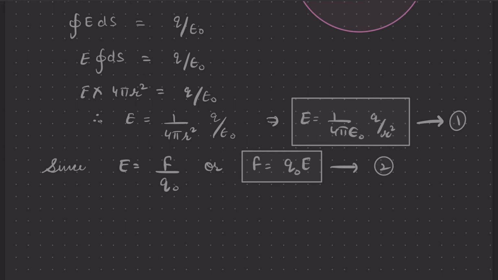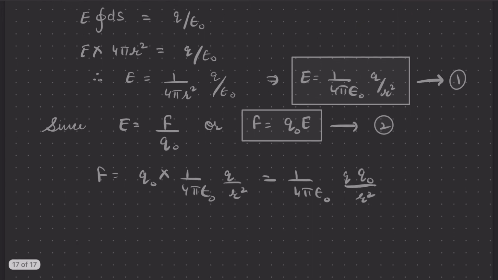And we will be having F is equal to q naught multiplied by 1 upon 4 pi epsilon naught q upon r square, and rearranging we can get 1 upon 4 pi epsilon naught q naught q upon r square, which is Coulomb's law.